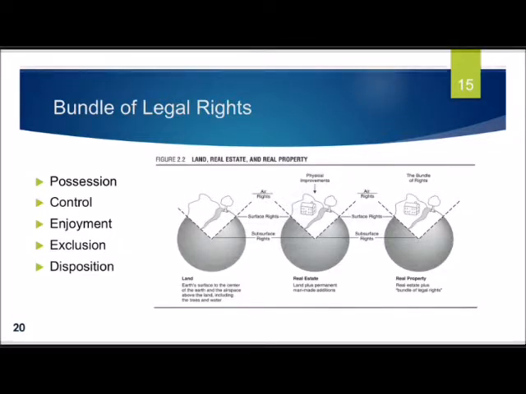Now, all of this also has to be done within any legal requirements of the municipality, the county, the township, the state. So, for example, I own the property, I control the property, but if it is zoned residential, then I cannot build a business on it.